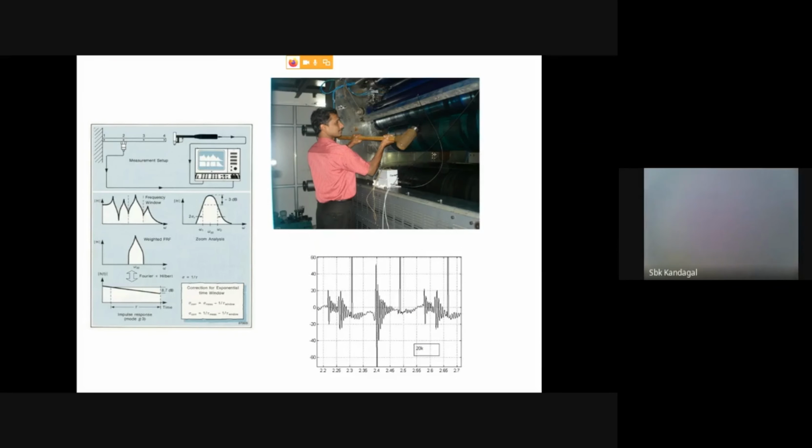Just to give one more industrial application. This is one of the newspaper printing machines. So you can just see that we are trying to use this impulse hammer. This is called the sledgehammer. This sledgehammer is used to find out the frequencies of this plate cylinder and blanket.